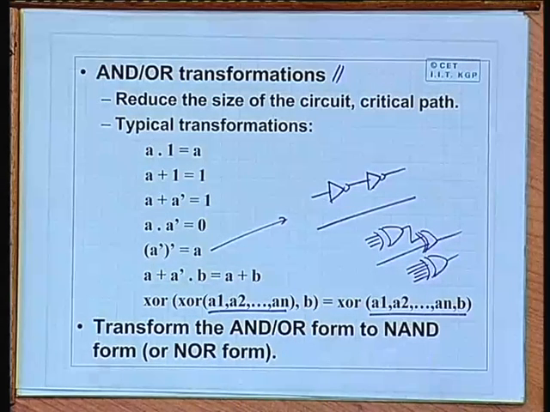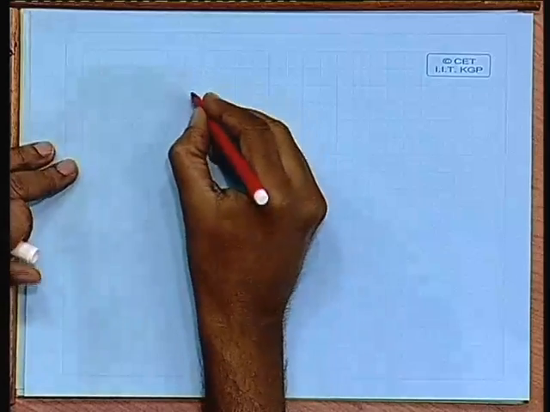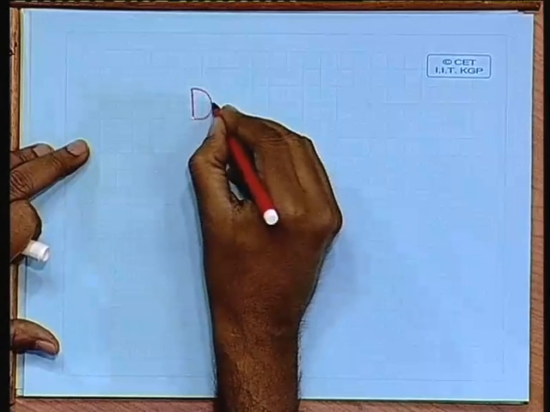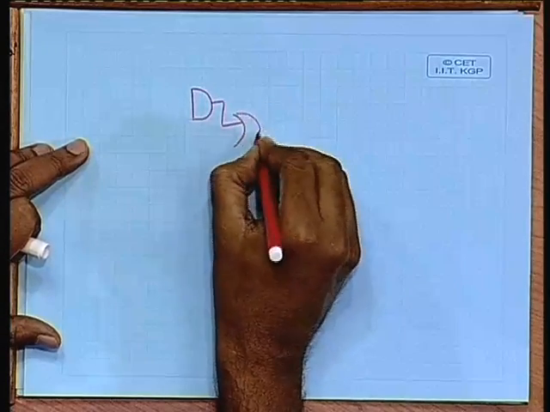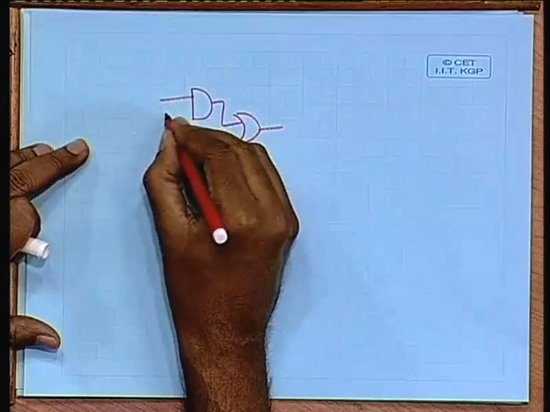After doing this transformation, I am giving an example. Suppose you had a circuit like this, an AND followed by an OR.